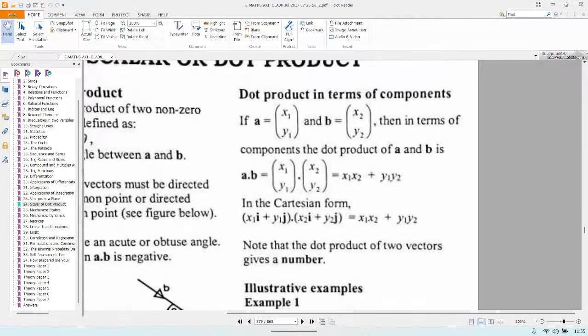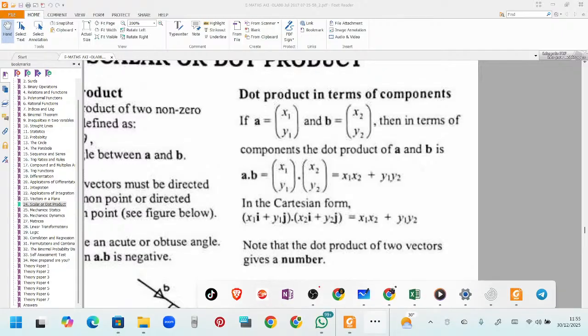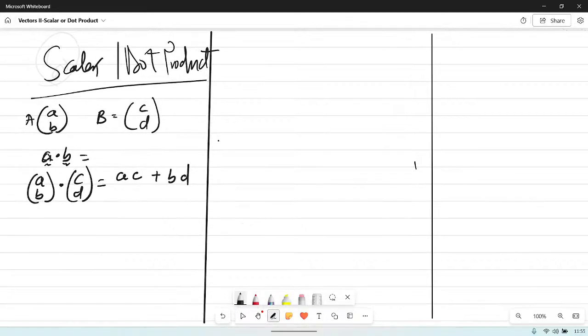And that is the dot product in terms of components, in Cartesian form. So you take the top, multiply the top, add them, multiply the down, add them. That's the whole idea.